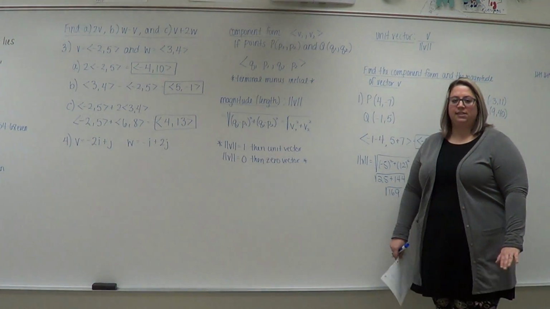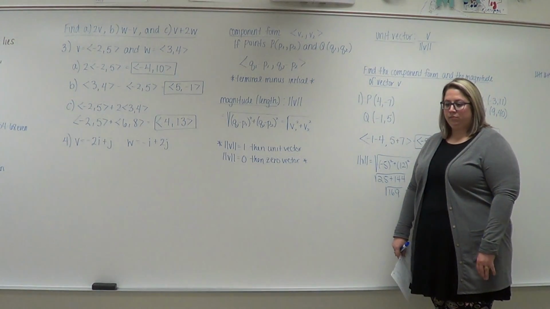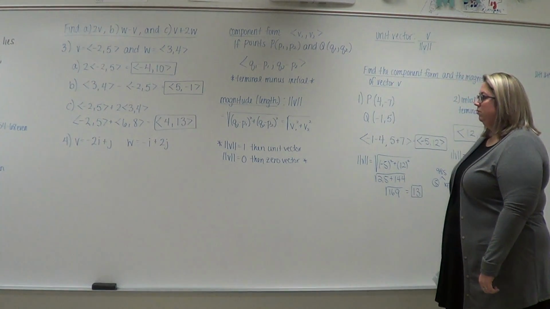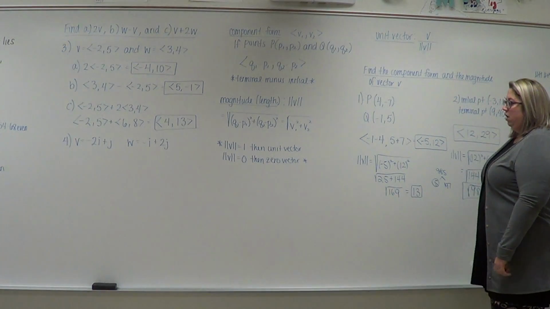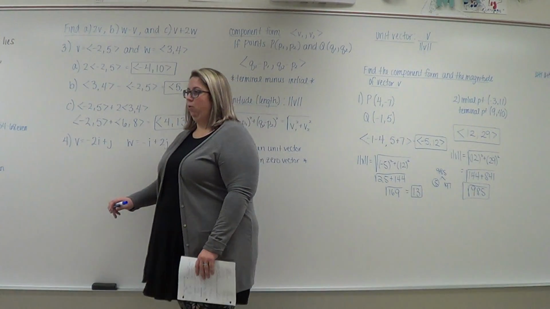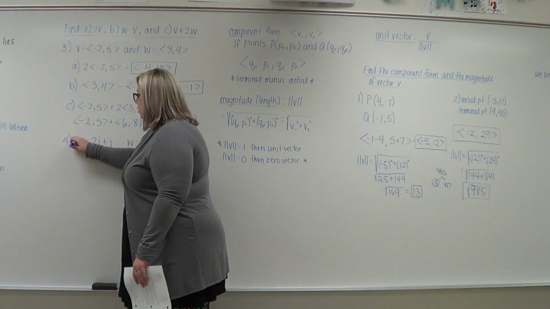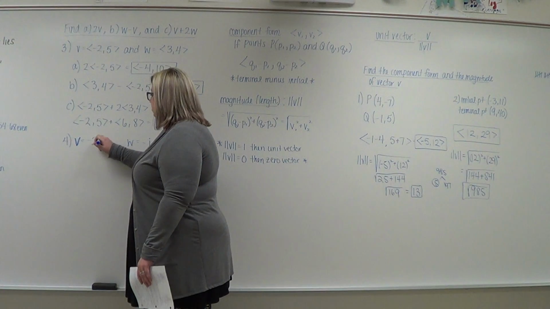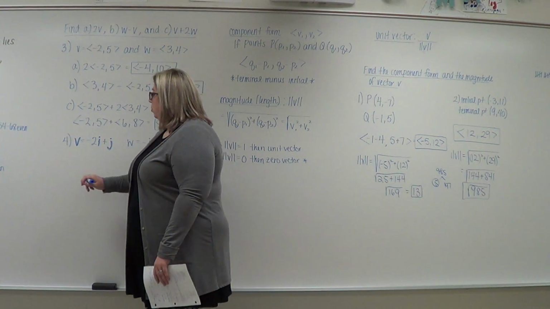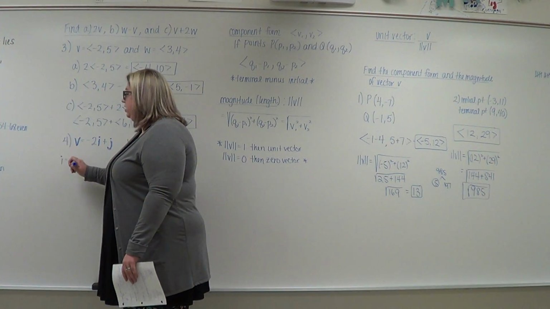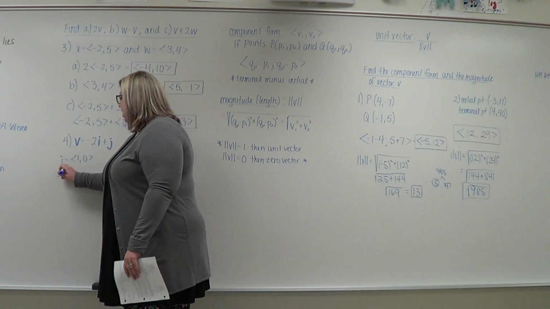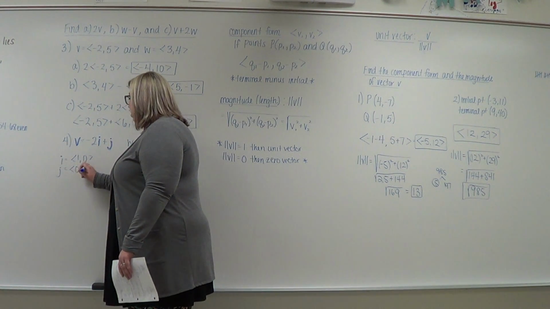Okay, this i is not an imaginary number. When you see it in the book, it's actually going to be bolded. So if I see this in the book, this would be a bolded v, that's a bolded i, and this is a bolded j. i is the unit vector 1, 0. j is the unit vector 0, 1.